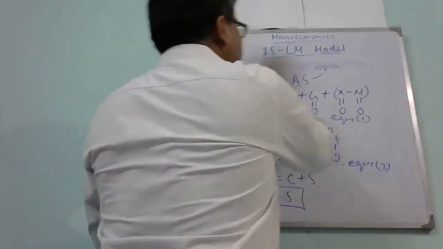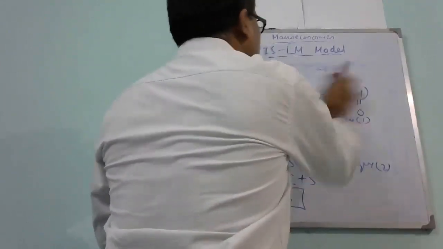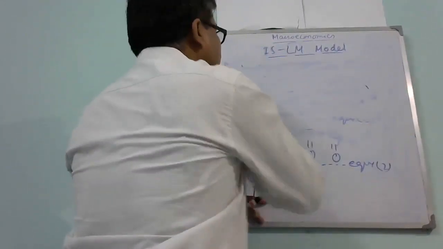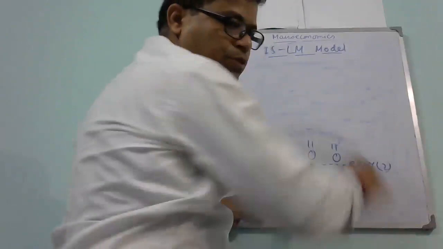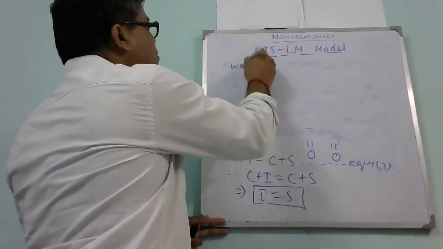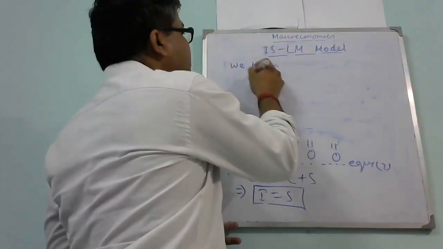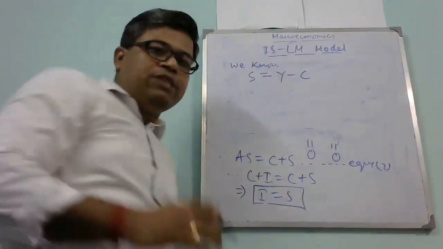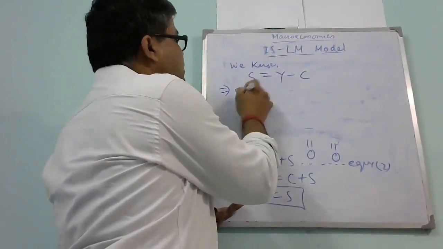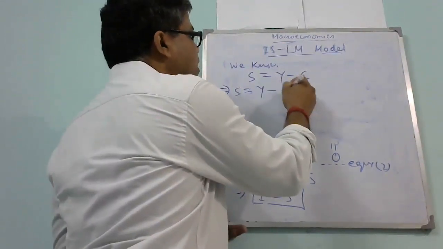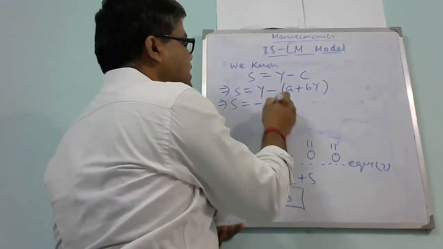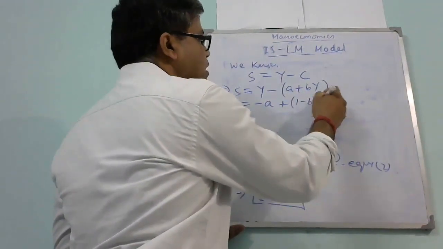We know that saving is equal to Y minus C. Income minus consumption equals savings. So S equals Y minus C, and C means A plus BY. That means S is equal to minus A plus (1 minus B)Y.